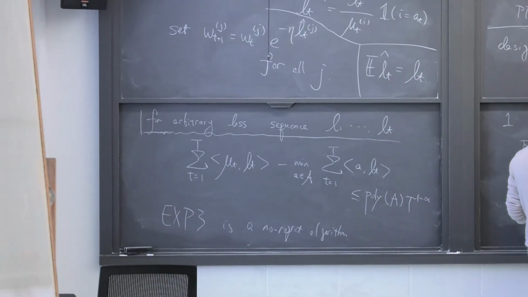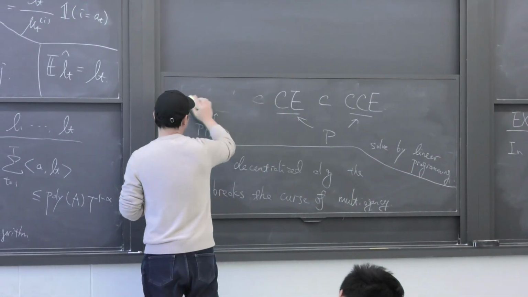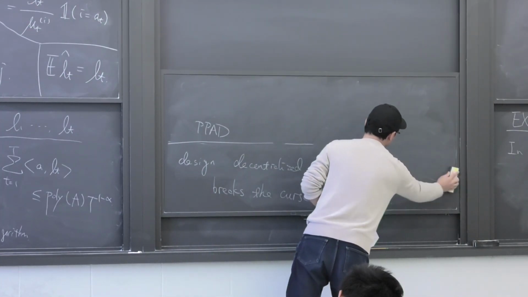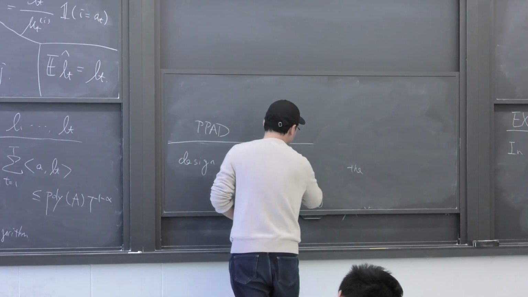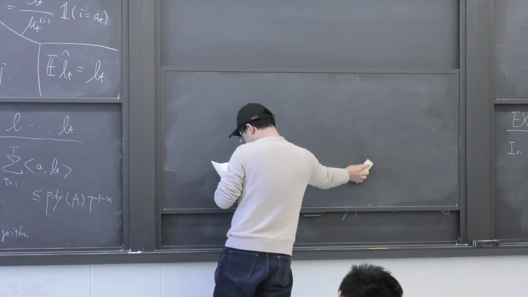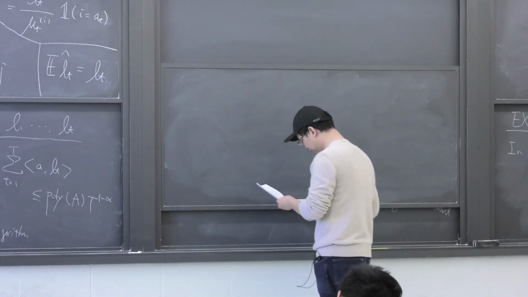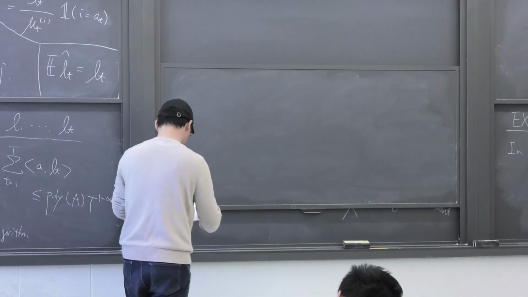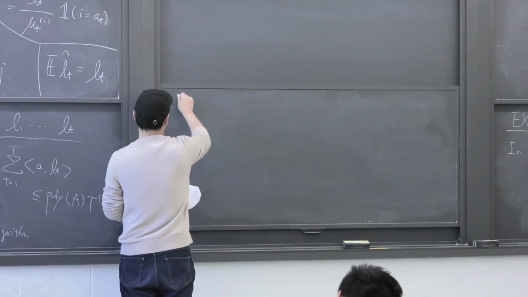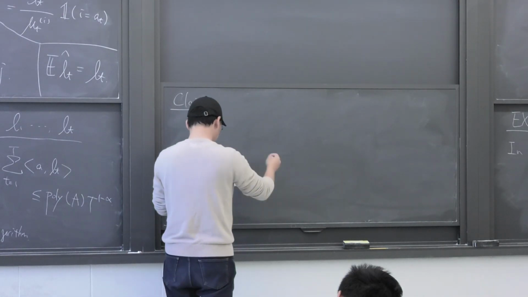And it turns out when we combine such no regret algorithms, we can easily find a CCE or Nash. The following claim can be easily shown just by definition.